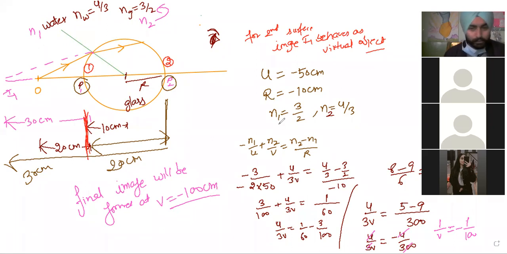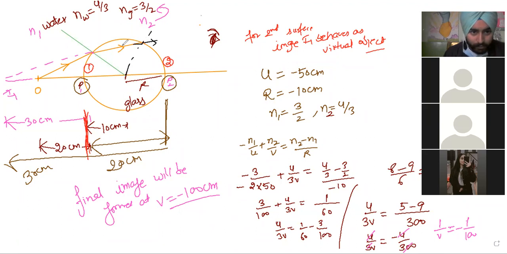Yes, sir. So in which direction will the minus 100 centimeter come? That is also in the same direction. So when the ray goes from here, we have to reproduce this along the left side. Why will the ray go like this? Because at this point when we draw the normal here, this ray will bend away from the normal a little bit.